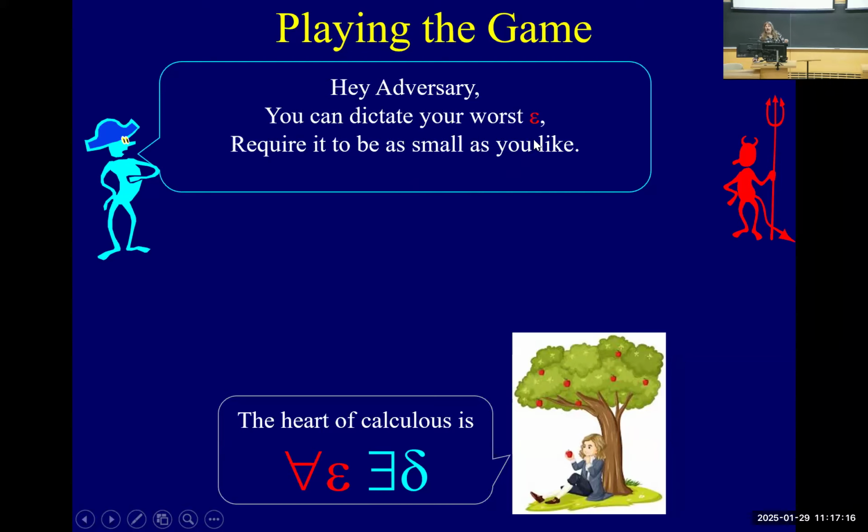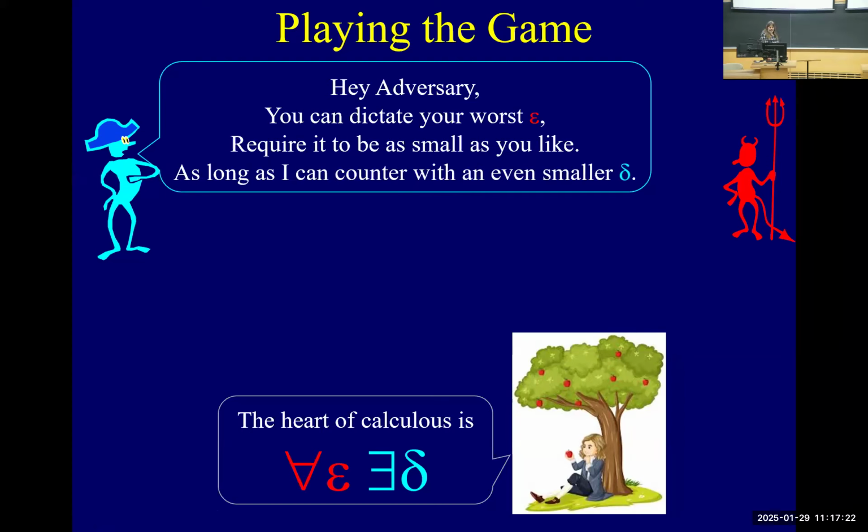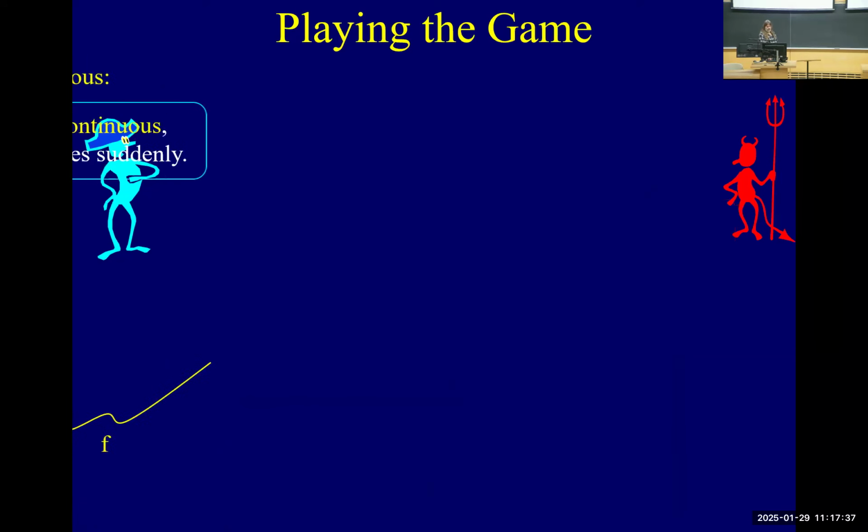We're doing an epsilon given to us by an adversary. Now you give me your worst case epsilon, and then I can give you a counterexample with delta. So it's a competition.